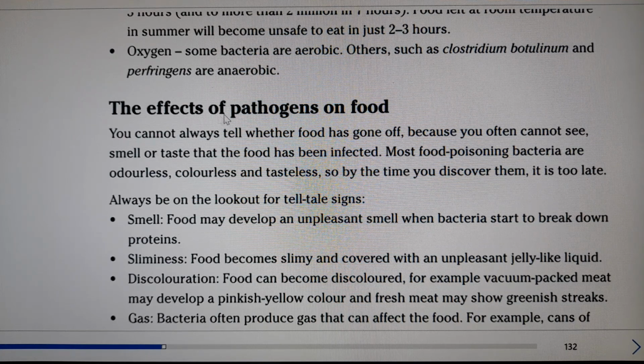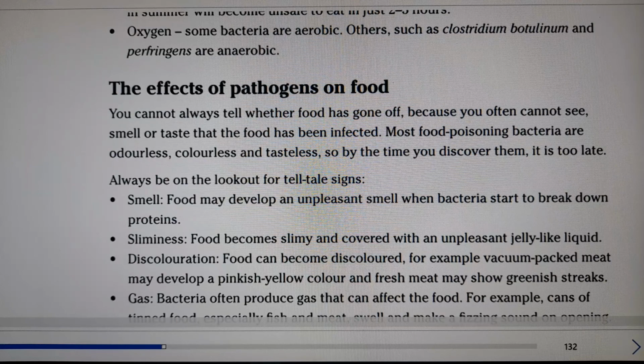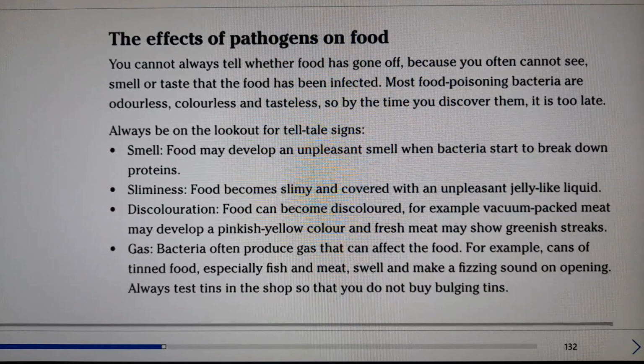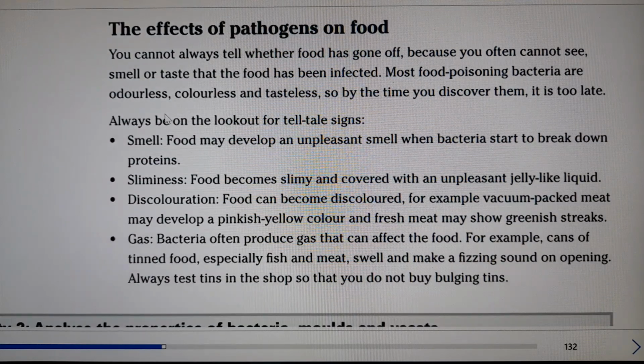And then what are the effects of these pathogenic microorganisms on food? Let's go through that. I will take this up a little bit. They say that you cannot always tell whether food has gone off because you often cannot see, smell, or taste that the food has been infected.